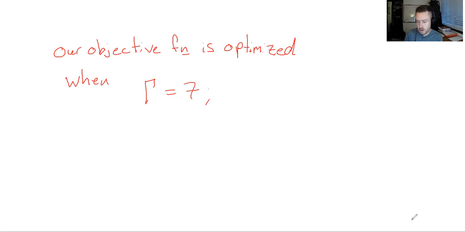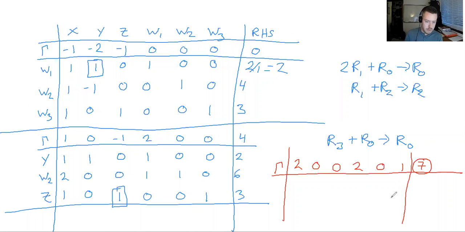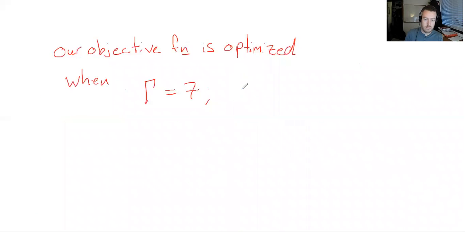Let's go back here. Gamma is equal to 7, y is equal to 2, and z is equal to 3. That means that x should be equal to 0.